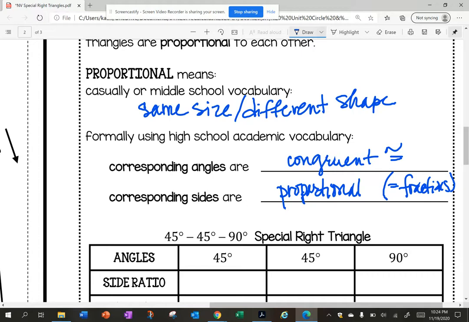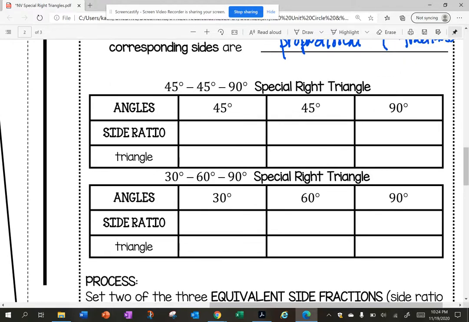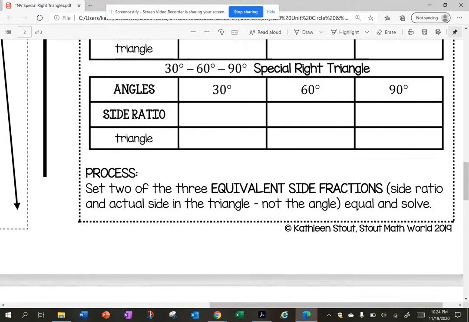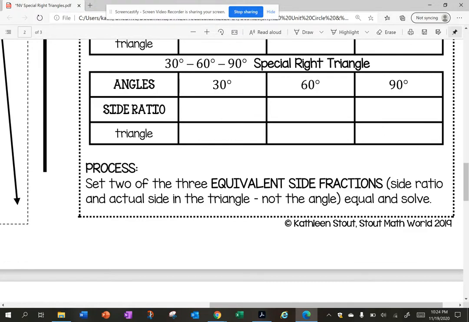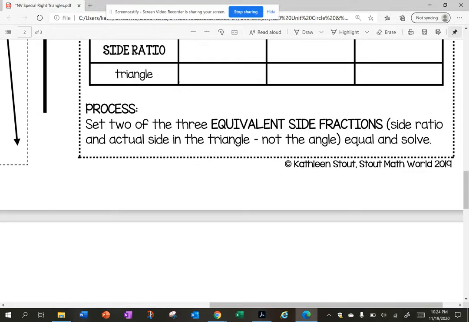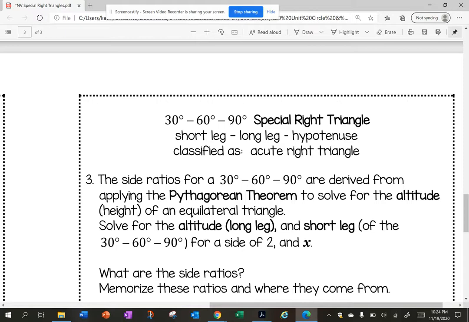Okay, specifically, we have some relationships of what the side ratios are, and we are going to first work out where they come from, and then we'll fill in the table here from the front. So let's see, where do the numbers come from?